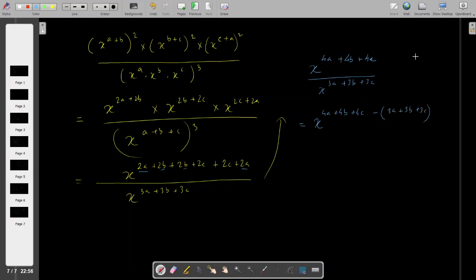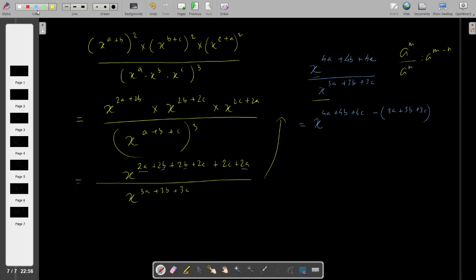The identity I have used is this one: a to the power m by a to the power n is equal to a to the power m minus n. So your bases are the same, so the powers will get subtracted.